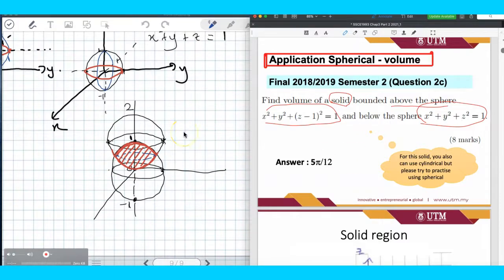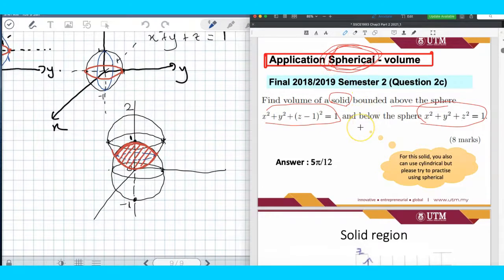Maybe you can use cylindrical, but cylindrical is quite hard to determine. Maybe we can try it later, but first we want to solve using spherical coordinates, because this is an example for the spherical.